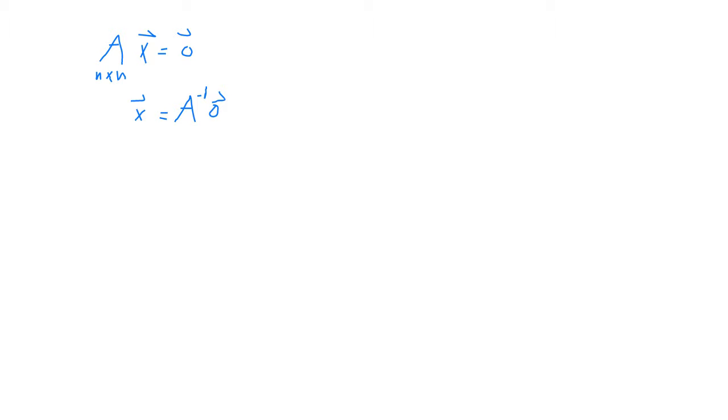Well, what does A inverse times the zero vector have to equal, class? Okay, so we're assuming here that A inverse exists. If A inverse exists, then x equals A inverse times the zero vector, right?